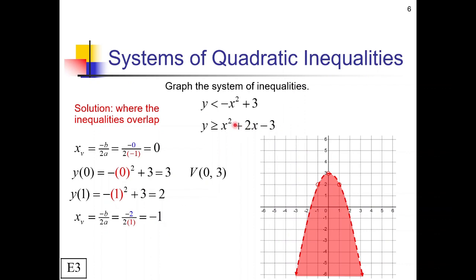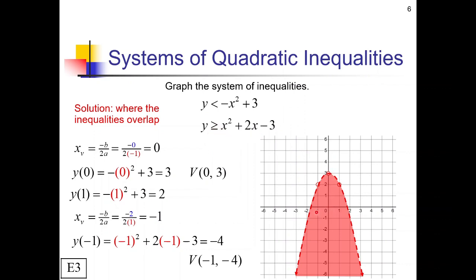And then plugging that in here, we have negative 1 squared plus 2 times negative 1 minus 3. That's 1 minus 2, which is negative 1, minus another 3 gives us negative 4. So we have our vertex at negative 1, negative 4. We have an equals here for this inequality, so I'm going to use a solid dot and solid lines to represent this one.